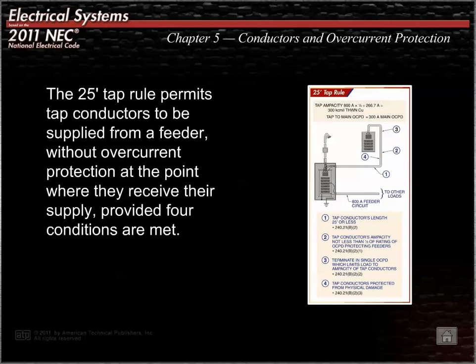The major advantage of the 25-foot tap rule over the 10-foot tap rule is the additional length that the conductors are permitted to run without overcurrent protection. To compensate for the additional length, the tap conductor ampacity is more closely matched to the rating of the tapped conductor circuit. There are 4 conditions that shall be met to use the 25-foot tap rule.